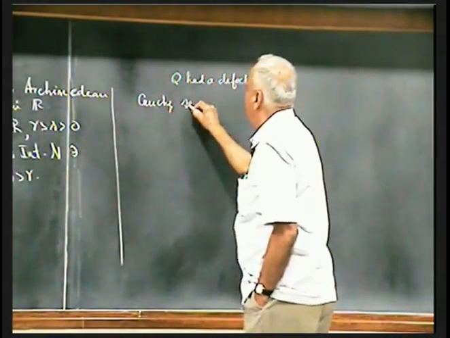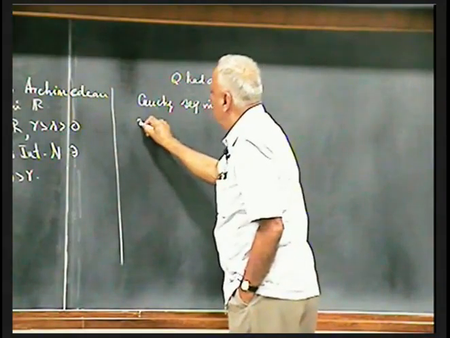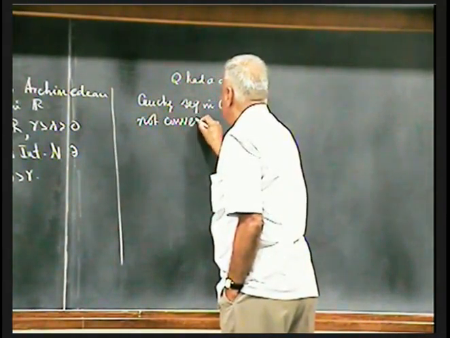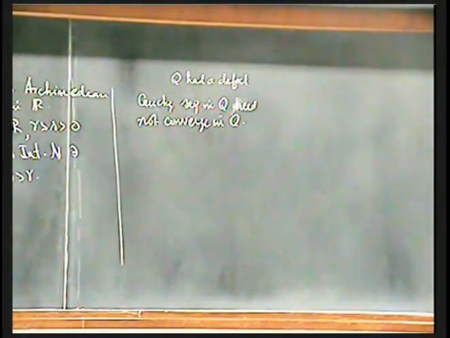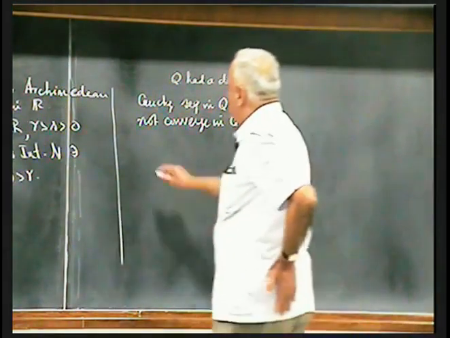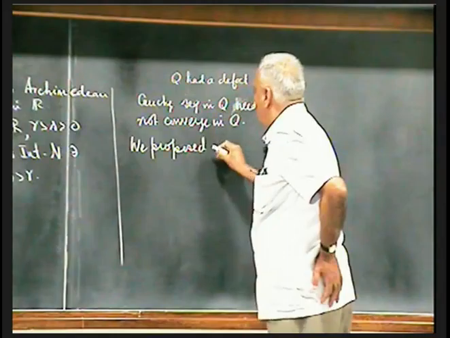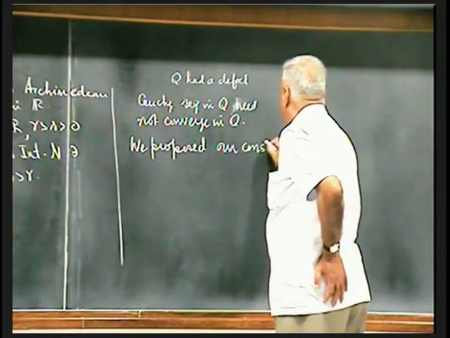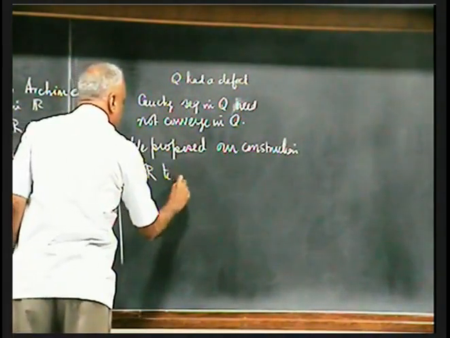Cauchy sequences in Q need not converge in Q. Our construction of R, the whole ballgame that we went through, was for the very purpose of removing this defect. So we proposed our construction of R to remove this defect.